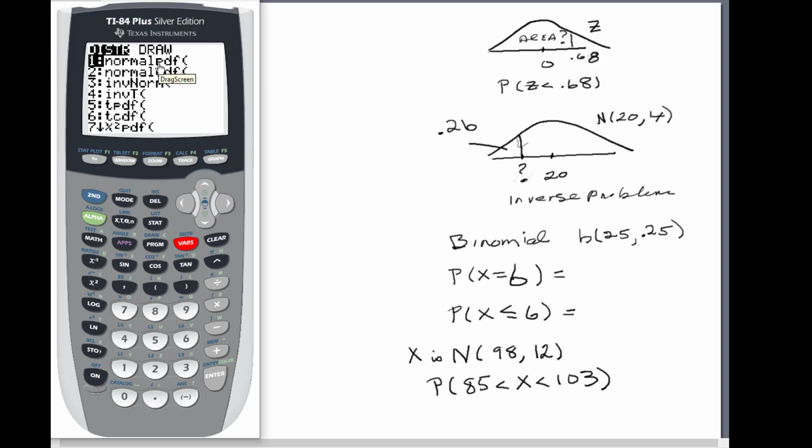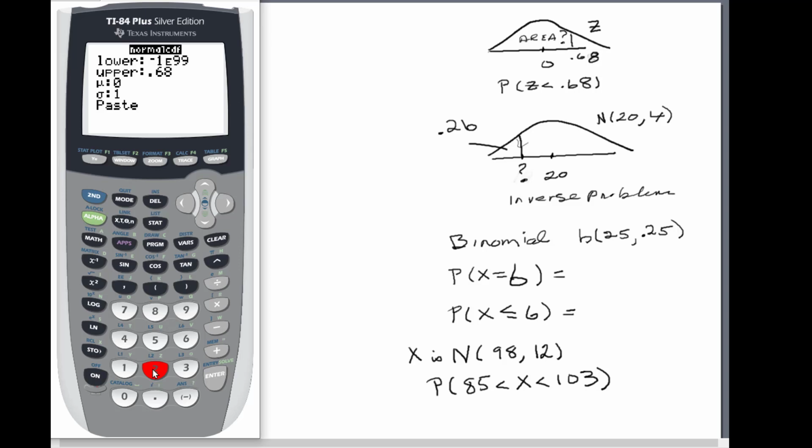The normal PDF would give me the height of this curve above 0.68. That's not really useful to me right now, but the normal CDF would give me the area from negative infinity up to this boundary point, and that's exactly what I want. So I see that that's function 2. So let's select function 2 by just touching the 2 key.